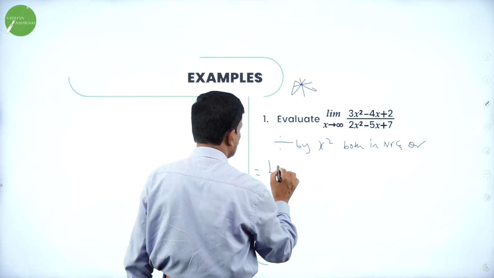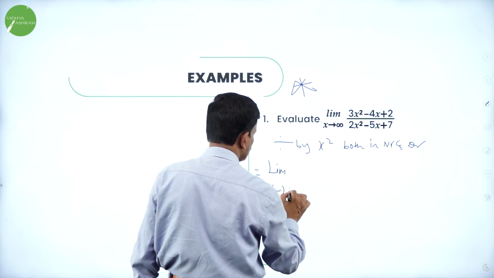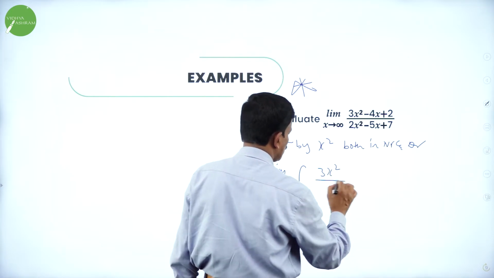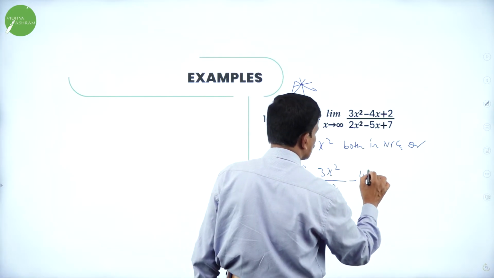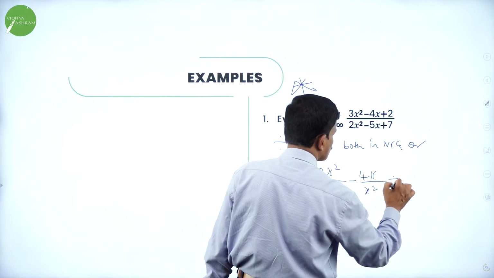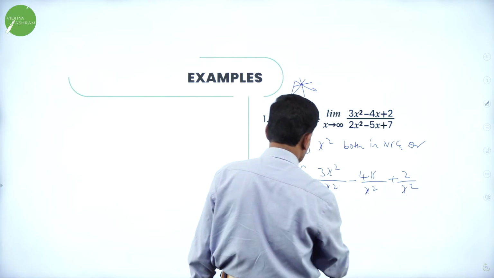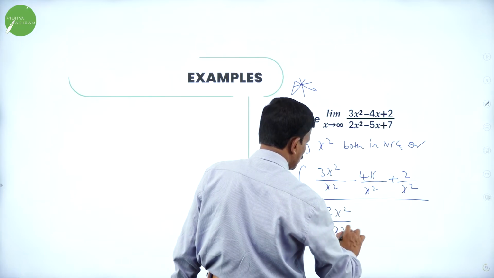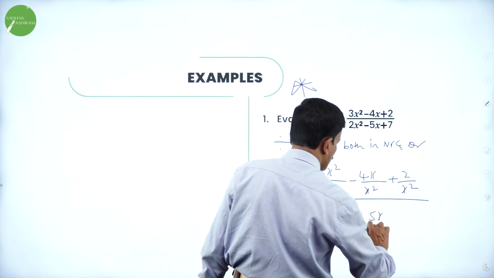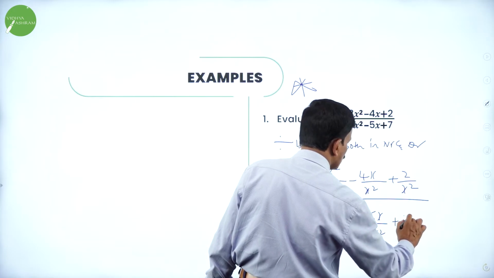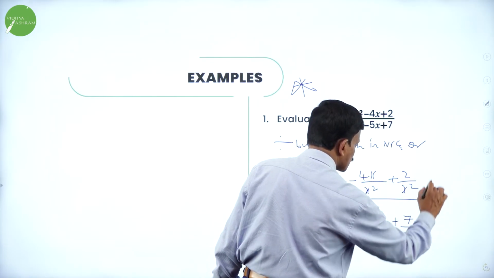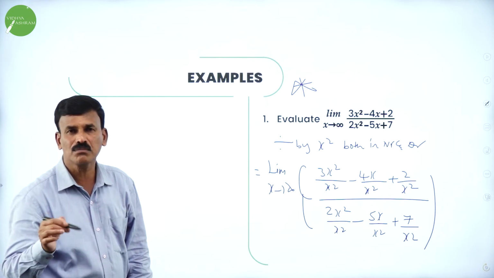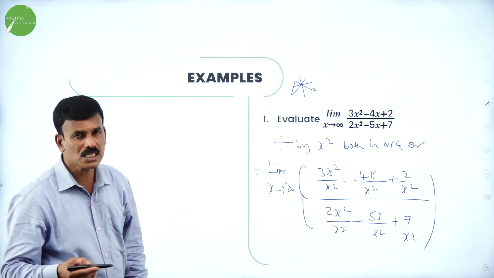Then this becomes limit x tends to infinity of term by term division: 3x square by x square minus 4x divided by x square plus 2 by x square, whole divided by 2x square divided by x square minus 5x divided by x square plus 7 divided by x square. So divide both numerator and denominator term by term by the highest degree term, that is x square.